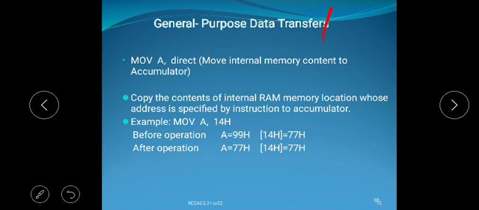The content of the memory location is 77H. That means 14H is the memory location and the value is 77H.